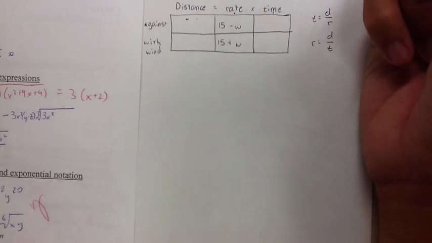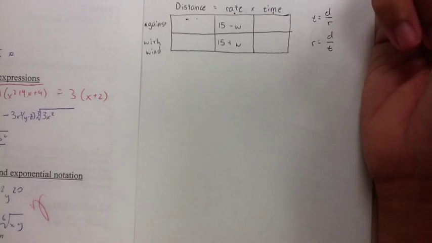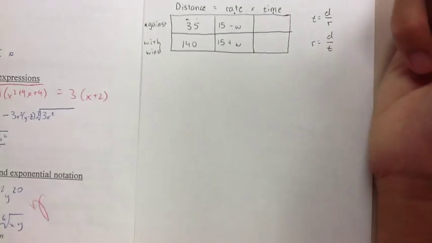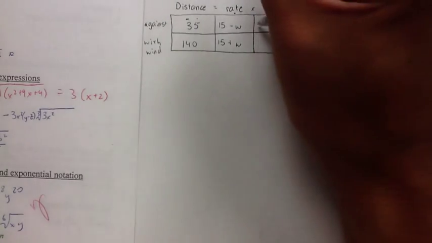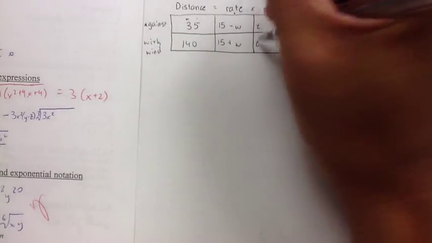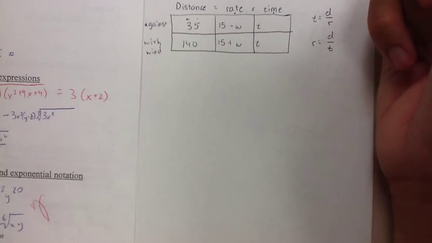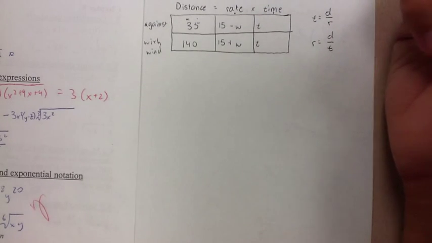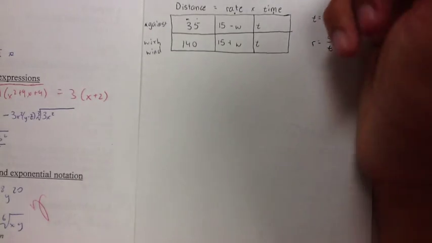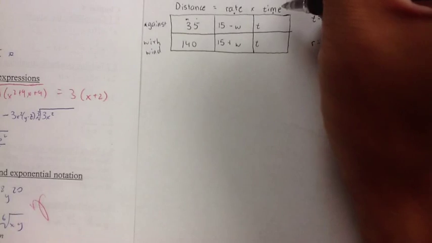The distance that he can bike against the wind is 35. It's part of the problem, and 140 with the wind. And the time is something we don't know, but we do know that because it's the time that it takes him to ride 35 is the same as 140 with the wind, then you know that these two times are equal to each other.